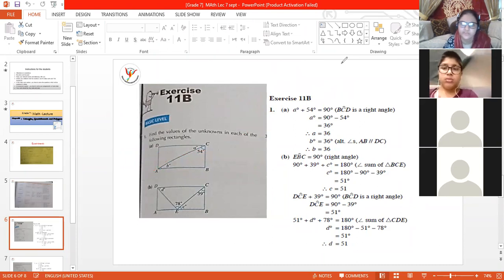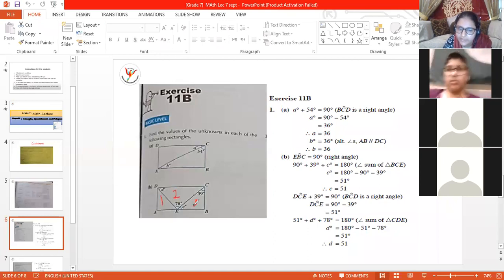Now come towards question number 2, part B. In question number 2, there is again a rectangle, A, B, C, and D. By dividing with the diagonals, there are three triangles, 1, 2, and 3, right?